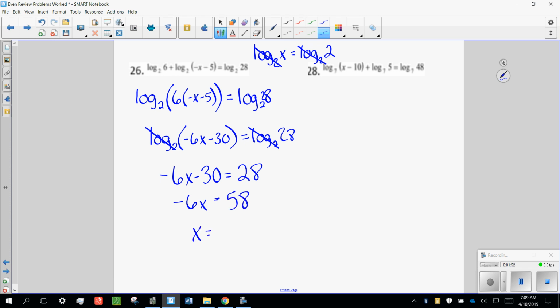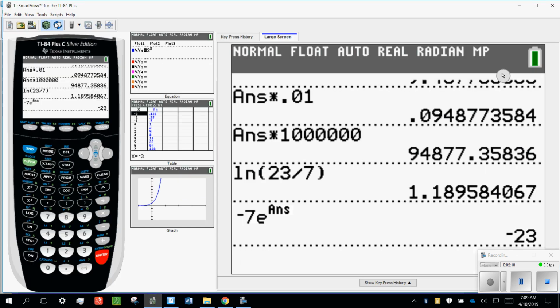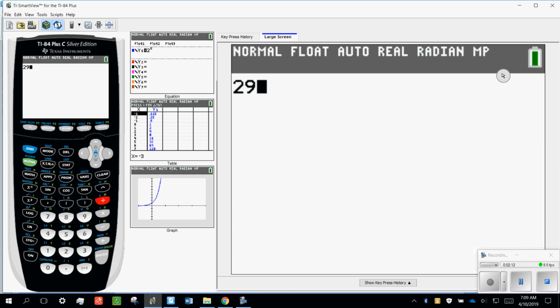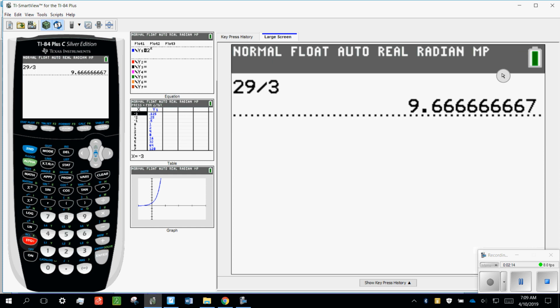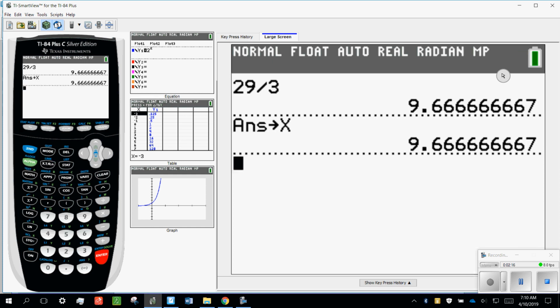We divide by negative 6, and we'll get 58 over 6 divided by 2, that's 29 over 3. I will go running over to my calculator real quick and make sure that's correct. So I said that 29 over 3 was x.